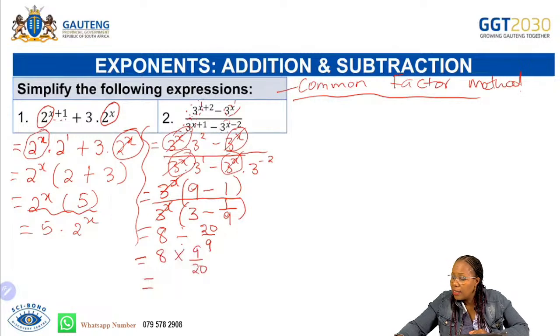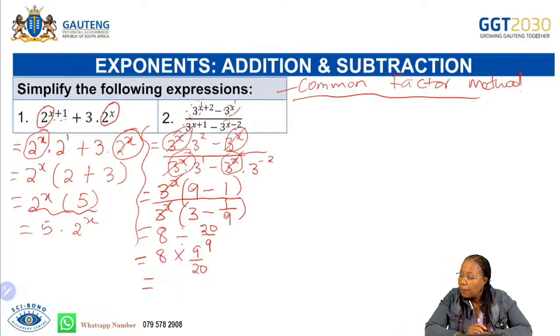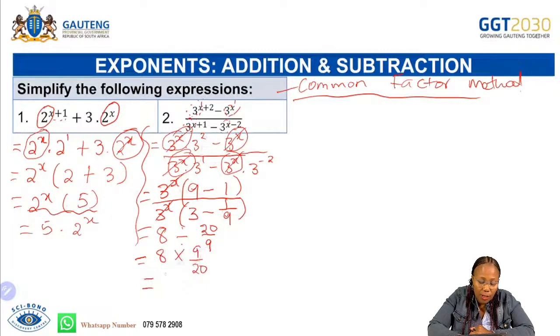That is 8 times 9. Okay, let's say 9 times 10 is 90. And then from 90, that will be 81. 81 over 20, there will be your answer.